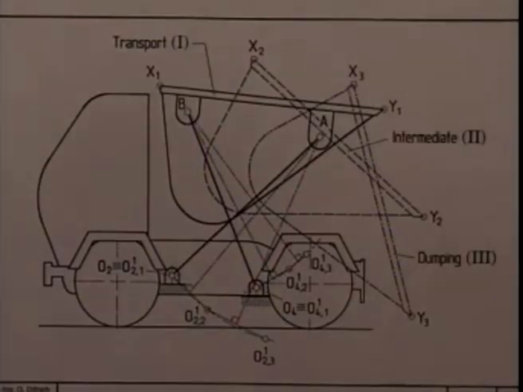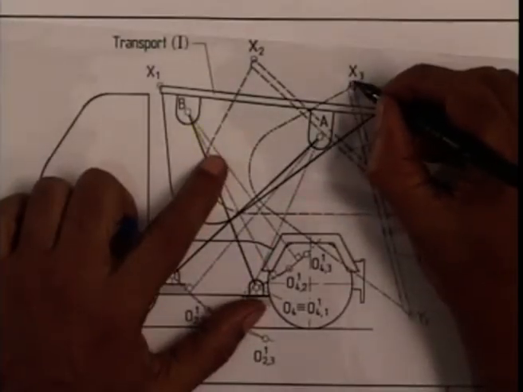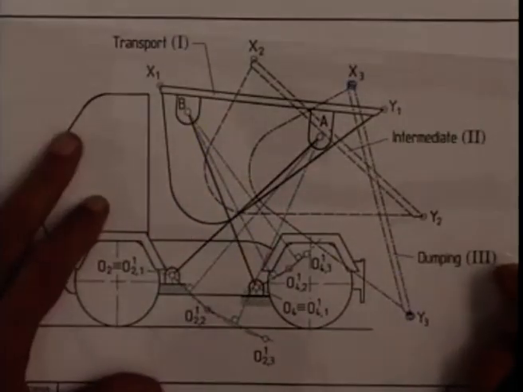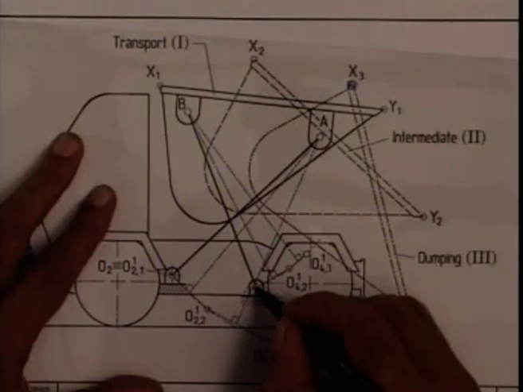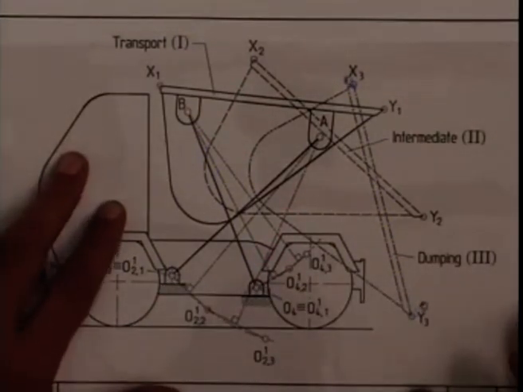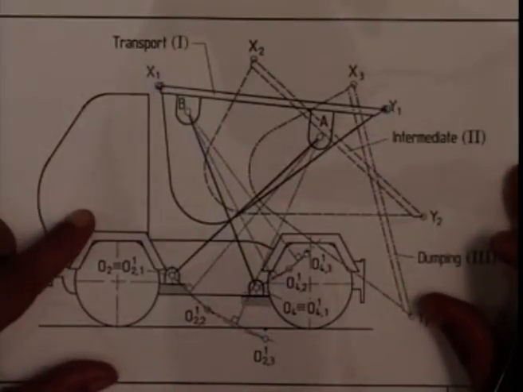To invert the third position, we mark x3 and y3, and also O2 and O4. Now if I invert it on the first position, that is x3 goes to x1 and y3 goes to y1.